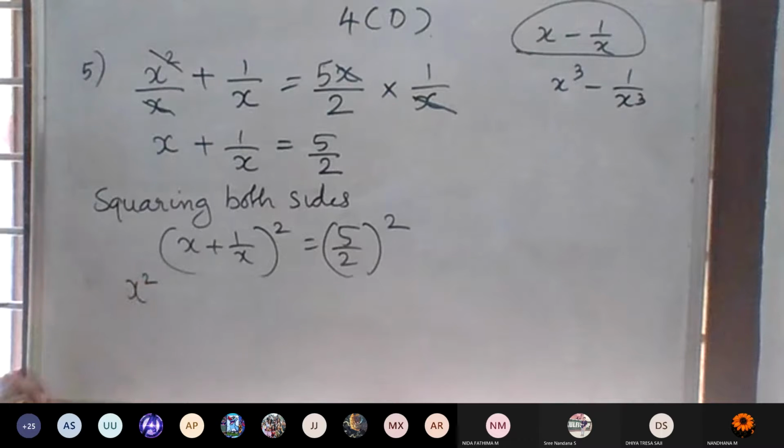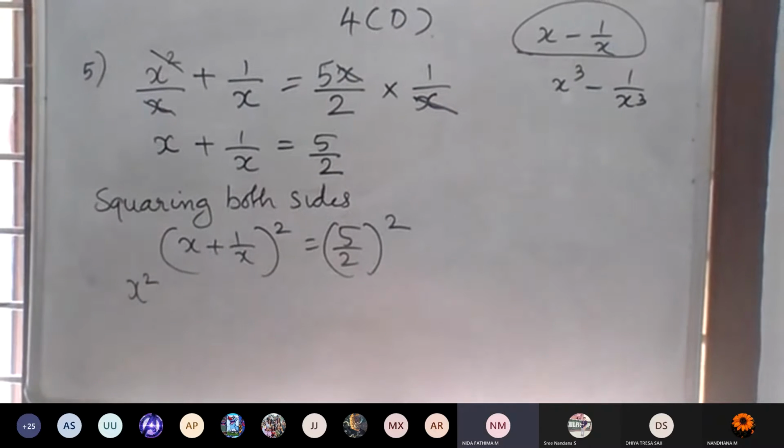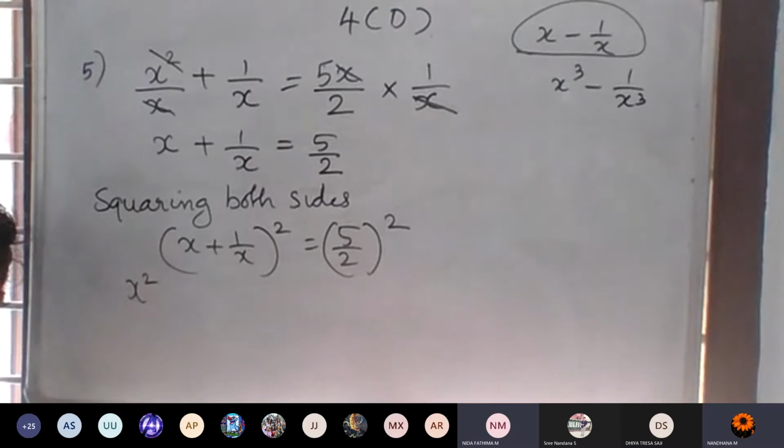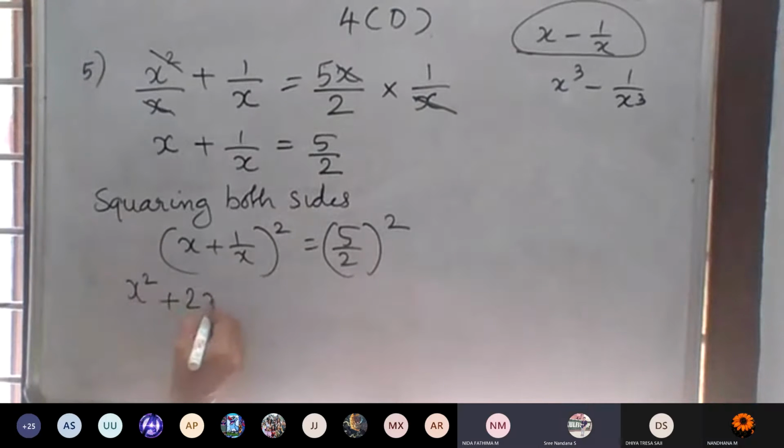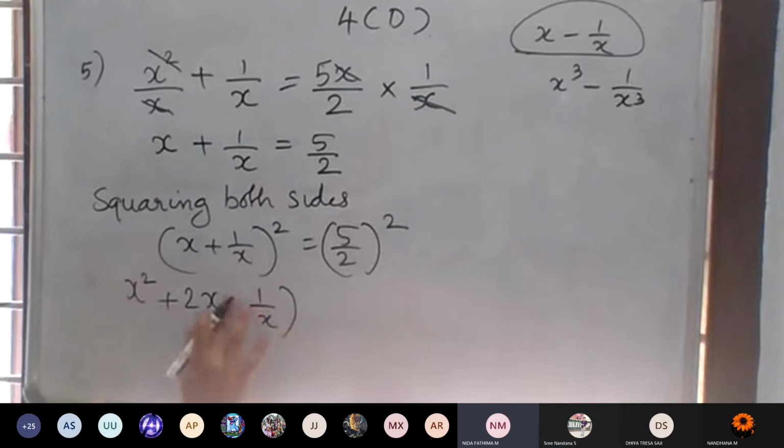So this will be what? Tell me. x plus 1 by x the whole square, left side, a plus b whole square form. x square plus 2 into x into 1 by x, you have to do that step now.